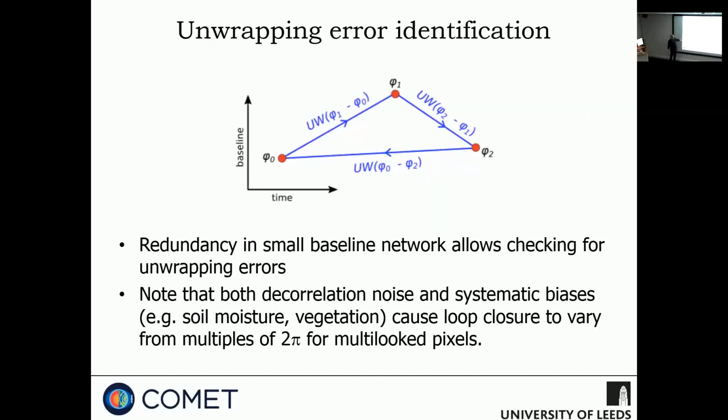These systematic biases tend to be positive. So, in practice, when you do this, you calculate these phase values, and you only identify an unwrapping error if it's larger than a threshold amount, so it's getting close to 2 pi radians, or 4 pi.